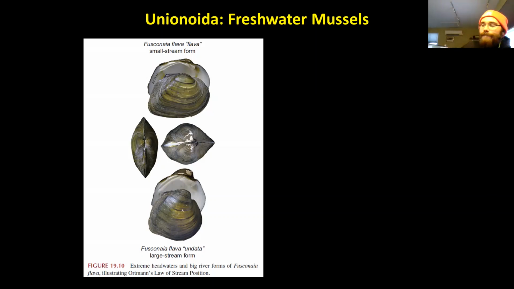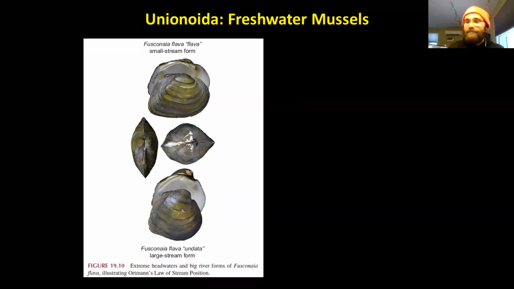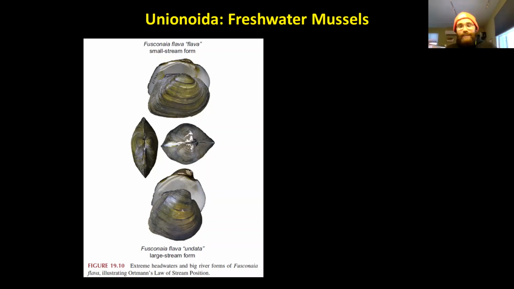So you can have a freshwater mussel species that has two different general appearances depending on the habitat that it's living in. This caused a lot of problems for scientists back in the day trying to identify them, because they would think, oh, this is a different species. Look how different looking it is. Not the case. So, for example, we have Fuscinaia flava.